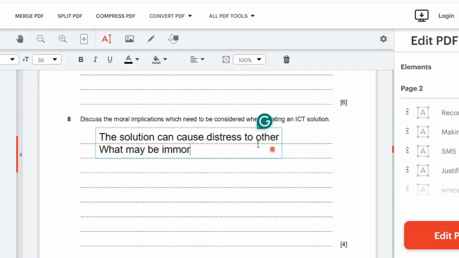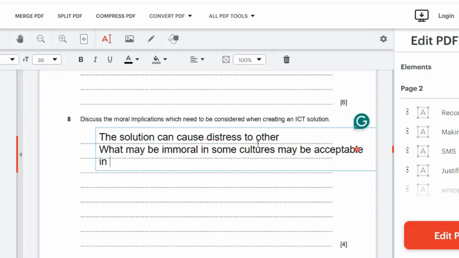So you make sure you are always playing a middle course so that whatever you think is acceptable in your own area might not be acceptable in another area. So you put that at the back of your mind.